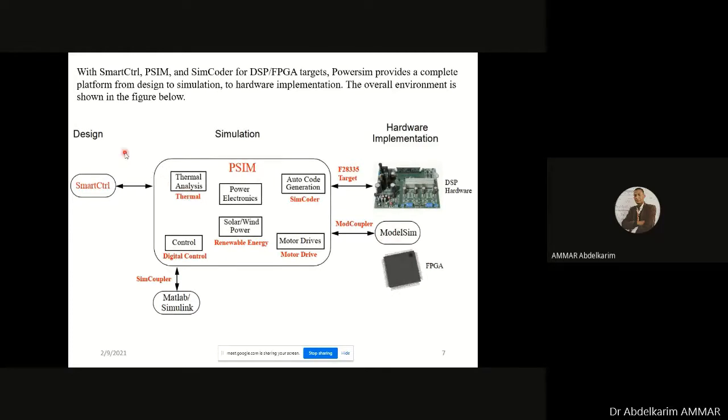Also, we can do design using SimCoupler, which is an application accompanying Psim, and we can also do SimCoupler with MATLAB Simulink. So with SmartCtrl, Psim, and SimCoder, PowerSim provides a complete platform for design, simulation, and hardware implementation. You can see this application is not that huge in size, but it can do many interesting applications.